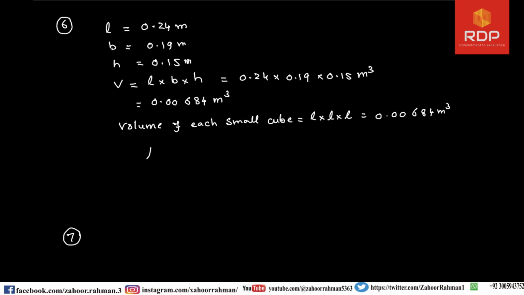So that will be equal to L cube, and that will be 0.00684. Now taking cubic root on both sides, this cubic root will be cancelled with it, and when we calculate it, 0.190 will be the length, and that will be in meter.